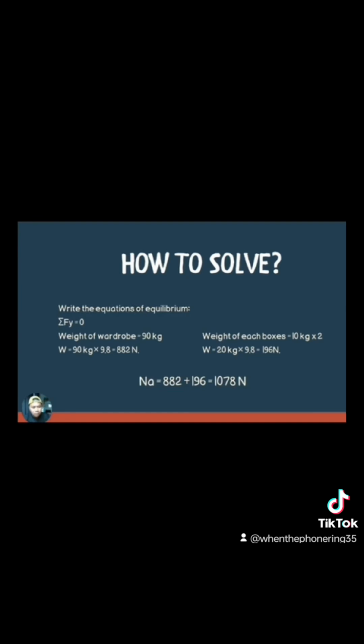From the weight of the wardrobe and the weight of the boxes, we can calculate the normal force at A: NA equal to weight of wardrobe plus weight of boxes. We just put it in the equation, NA equal to 882 plus 196 equal to 1078 Newton. So that's for the vertical equilibrium of forces.